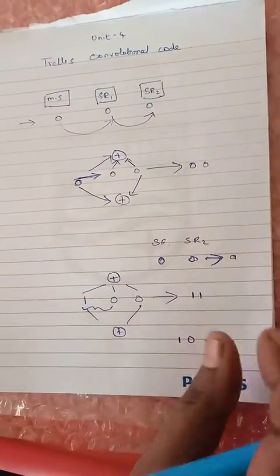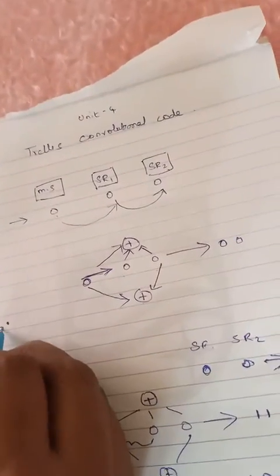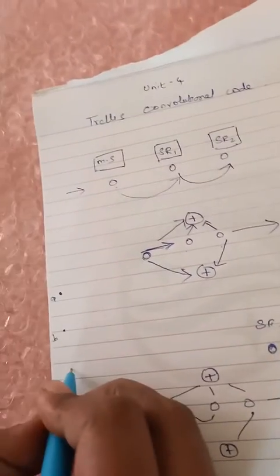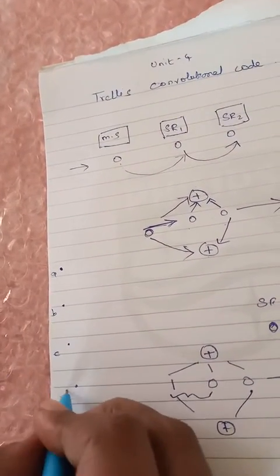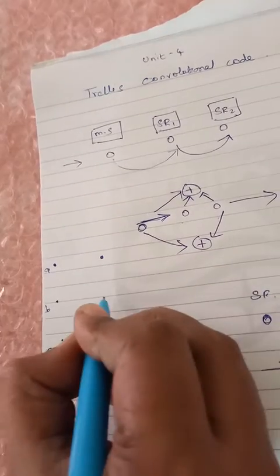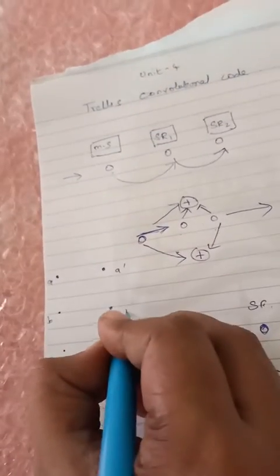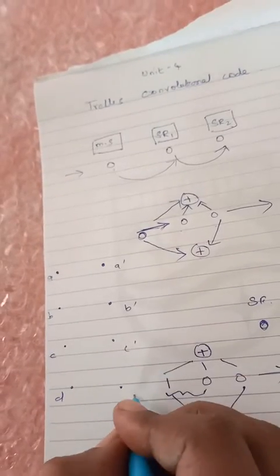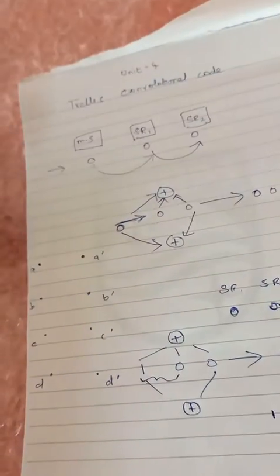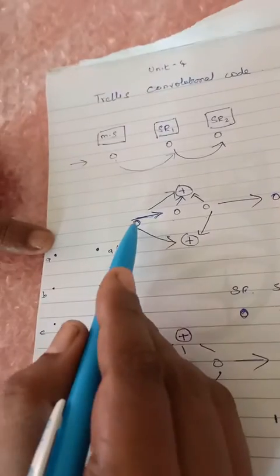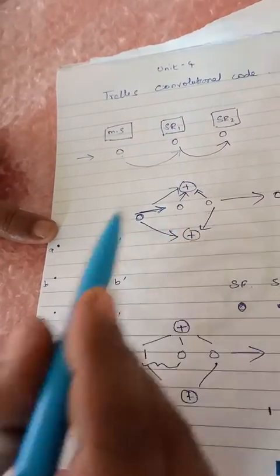Here I will just draw you the state values. So here it is A, B, C and D, and this is going to be the state where it is going to reach. So that will be A dash, B dash, C dash and D dash. As I told you, the first state is going to be state A, that is 0 0.